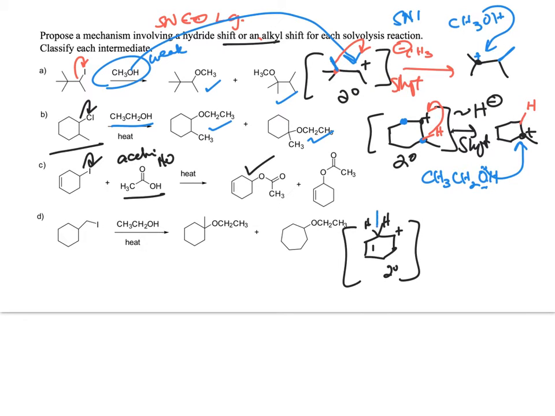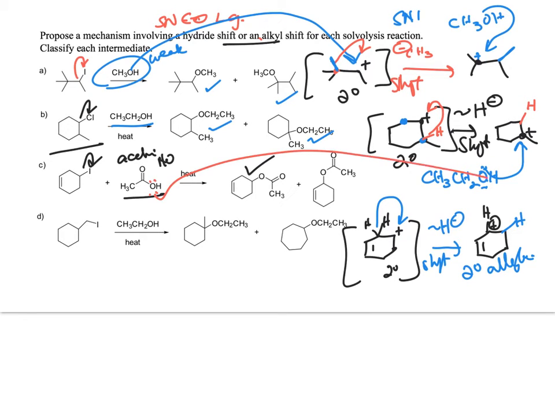If we switch places with this hydride, we do a hydride shift, then we can get a more stable one. So this switches places. The hydrogen goes over here. This is a secondary allylic carbocation. So now if our nucleophile from the acetic acid comes in, you get this product here.